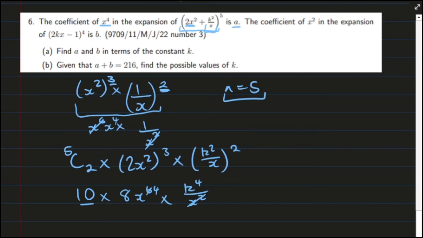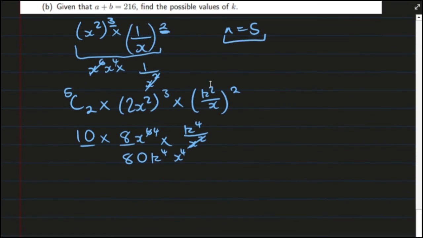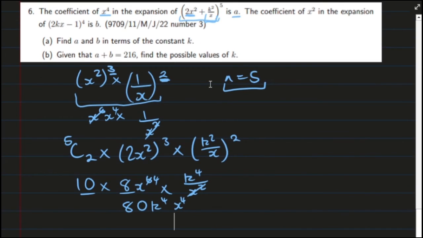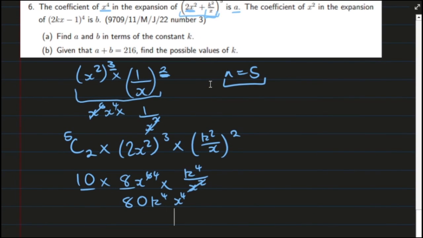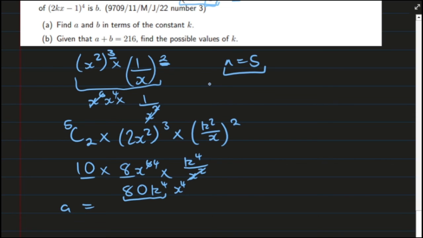So that's 10 times 8, that's 80, and we have k to the power 4, x to the power 4. So what this means is that the coefficient of x to the power 4 is a. Therefore, a must be equal to 80k to the power 4.